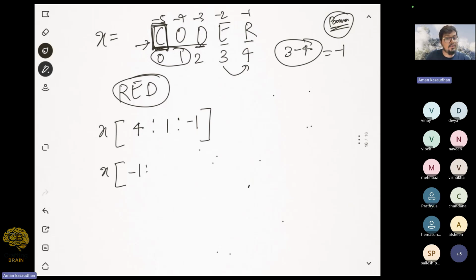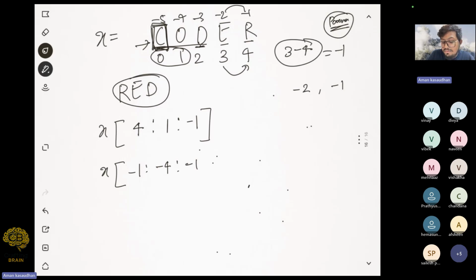Then up to minus 4. Then step count, 1 or minus 1? Minus 1, sir. If you take minus 2, minus 2 and you are going up to minus 1.